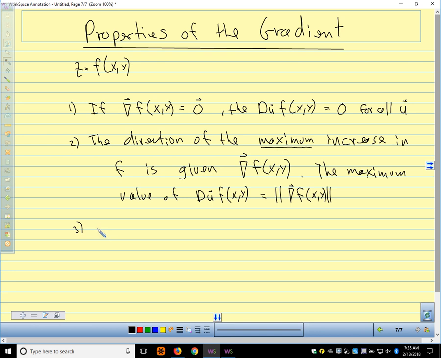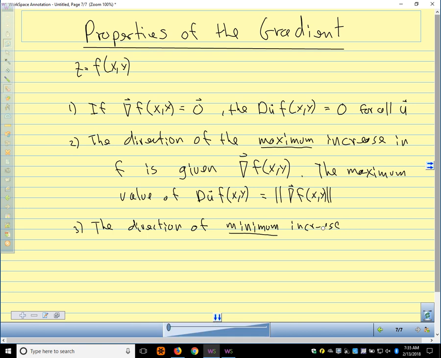And we'll turn the gradient around. The direction of minimum increase, which is the same as maximum decrease, is given by negative del f.